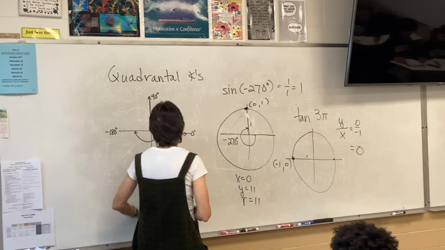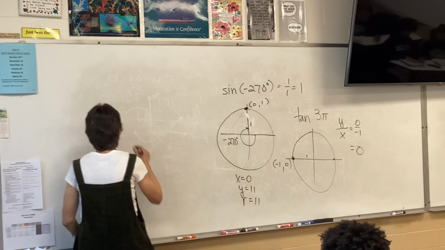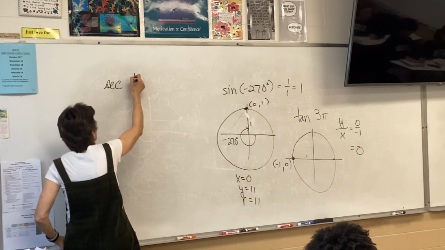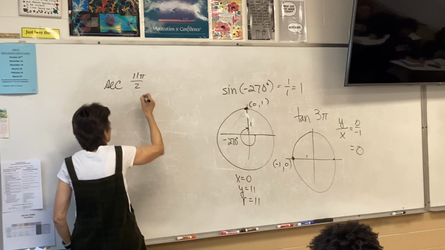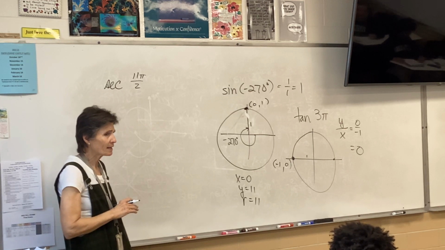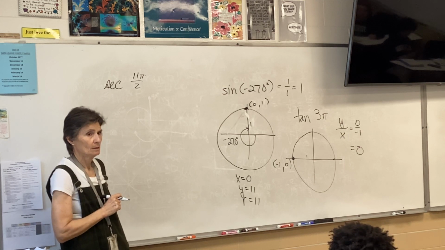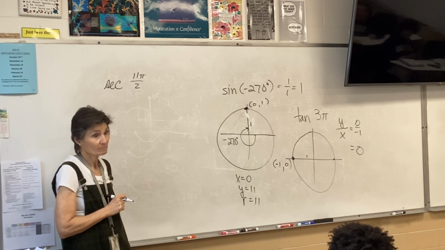Secant of 11 pi over 2. Now wait a minute. Is that a normal angle? Is that a big angle? Is that a little angle? What is 11 pi over 2? It's huge. That's pretty big.